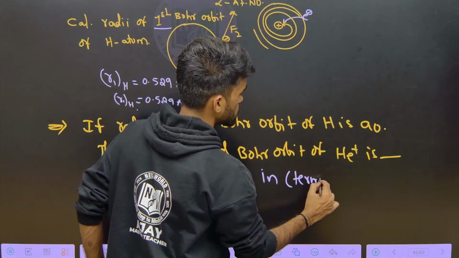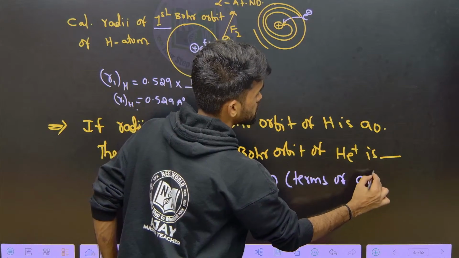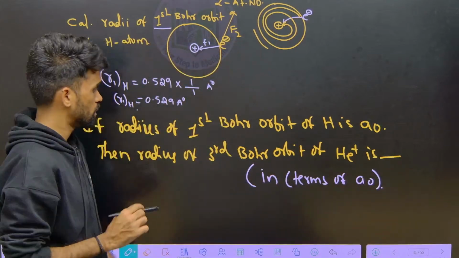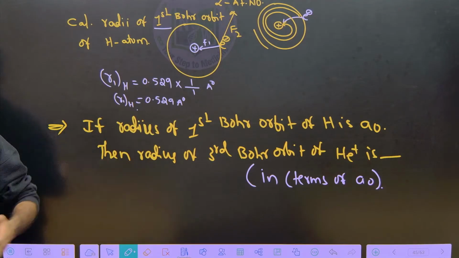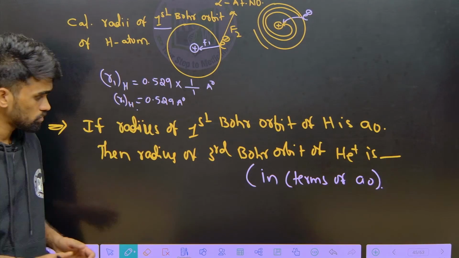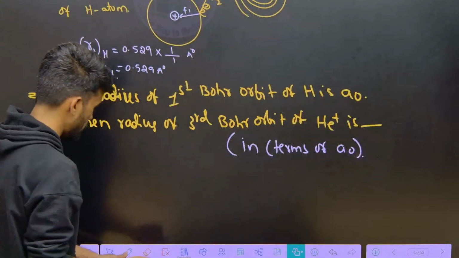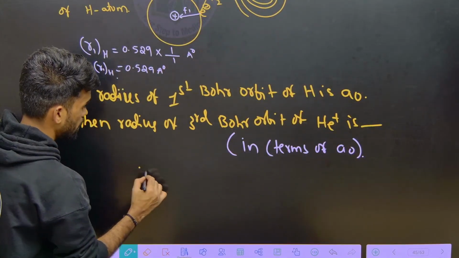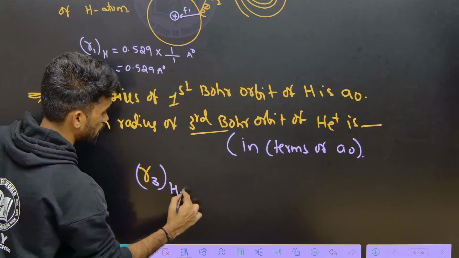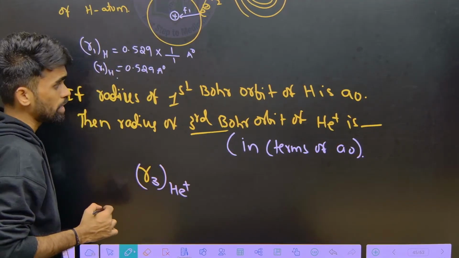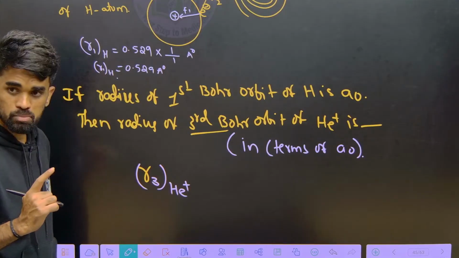In terms of A0, this is the question. Similar to this, there is a p by q. I will show you now. So tell me, what is the radius? How can I solve this? What am I asking? R3 of helium ion.